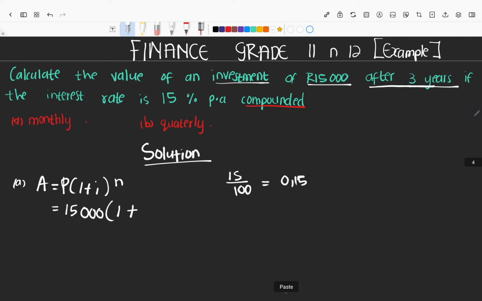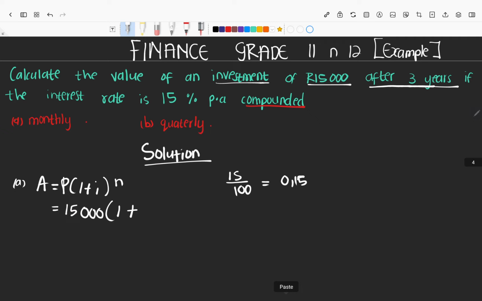That 0.15, you have to divide by 12 because they said monthly. How many months do we have in a year? We have 12 months. Every time they say monthly, divide your interest rate by 12 and multiply your number of years by 12.